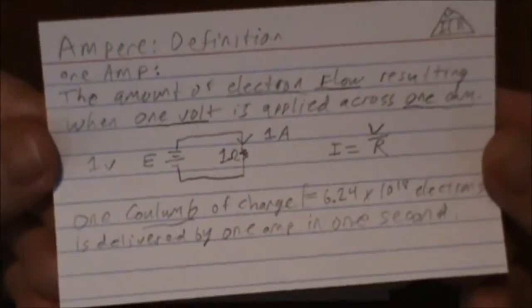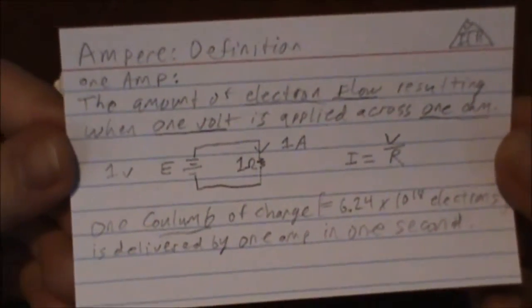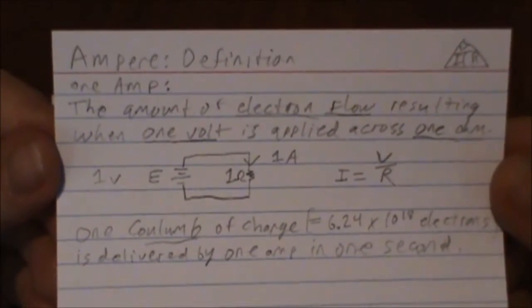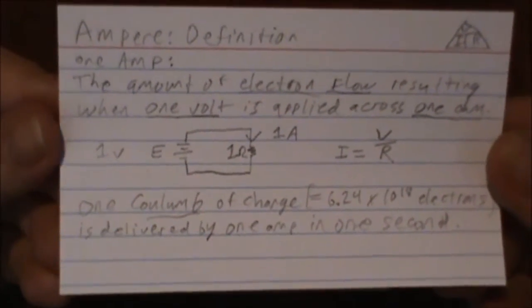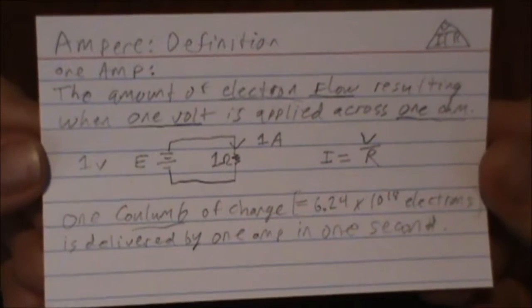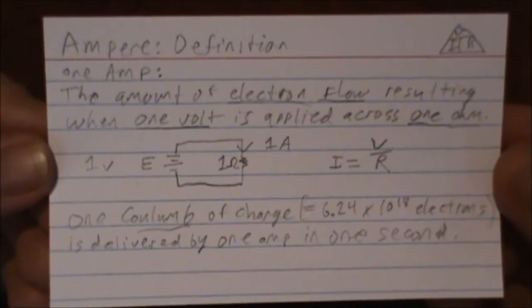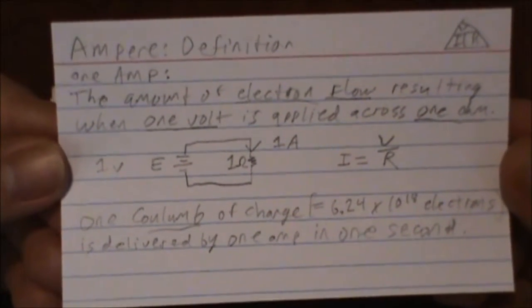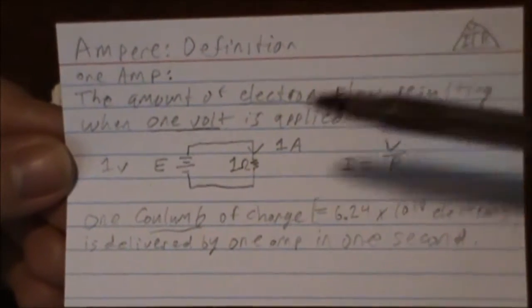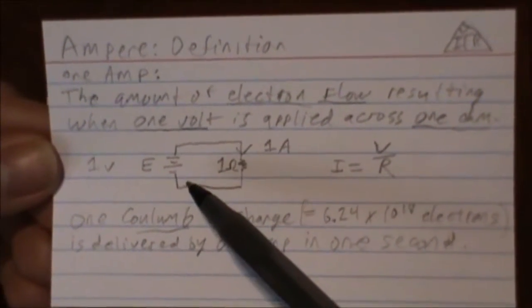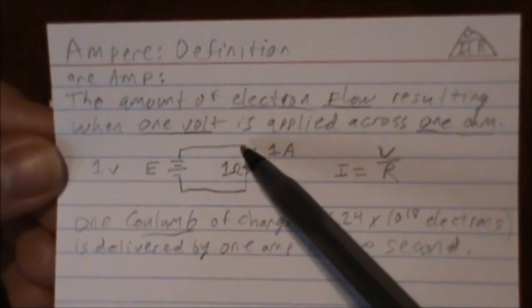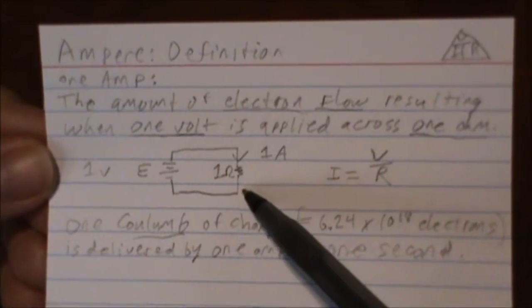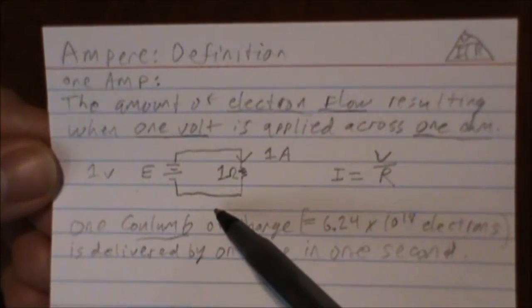Ampere. Your definition: 1 amp is the amount of electron flow resulting when 1 volt is applied across 1 ohm of resistance. So here we know we have 1 volt, and here's our battery, and here's the arrow showing which way the current flows through our little 1 ohm resistor here.